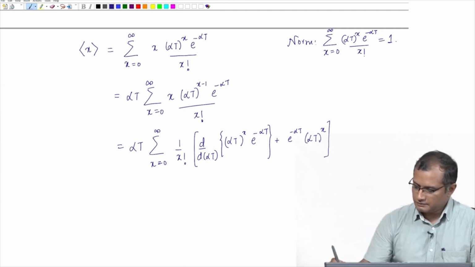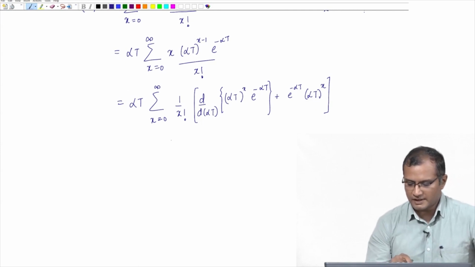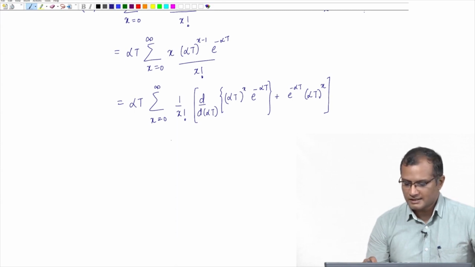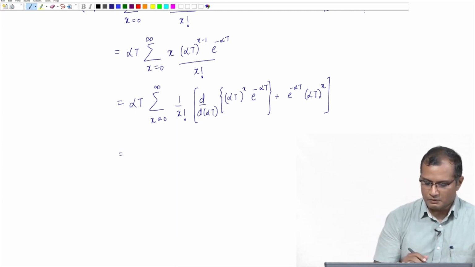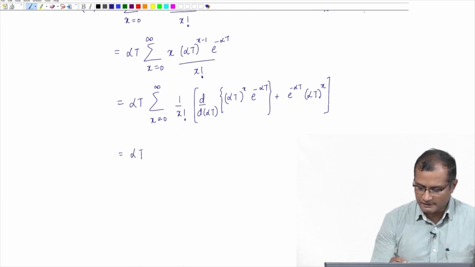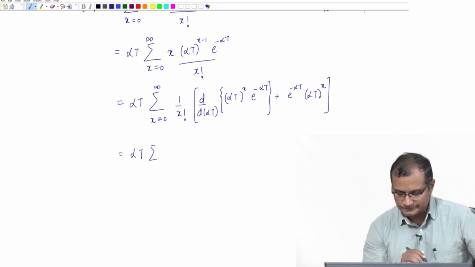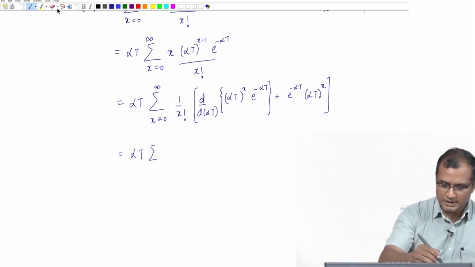Now, you can see that the summation going from 0 to infinity of 1 by x factorial into the second term inside the square brace is nothing but 1, because that is the total probability. So, I will write it as alpha t into summation. What I am going to do here is just rewrite the things.